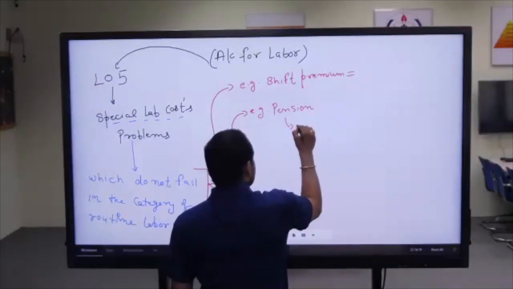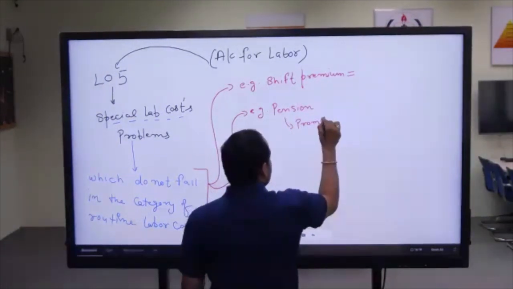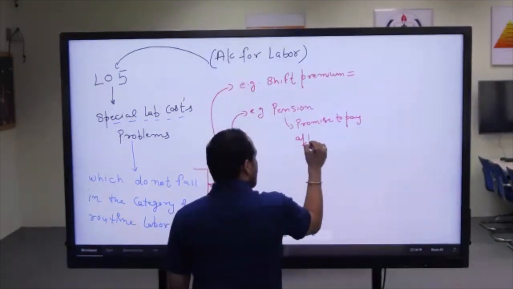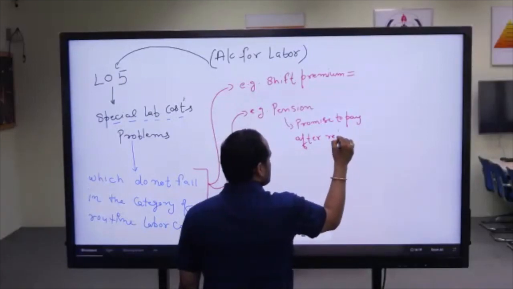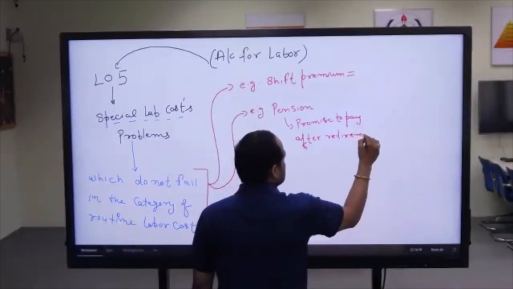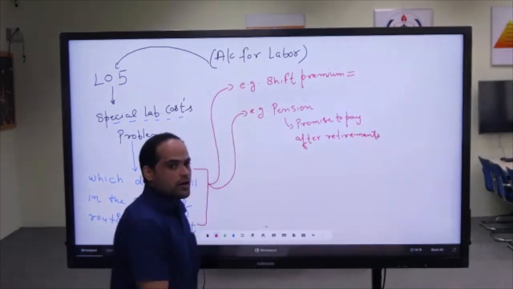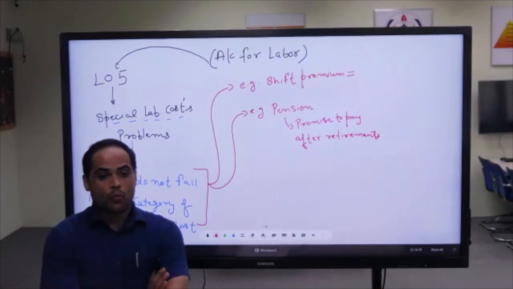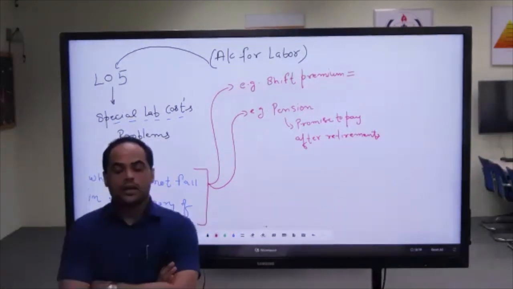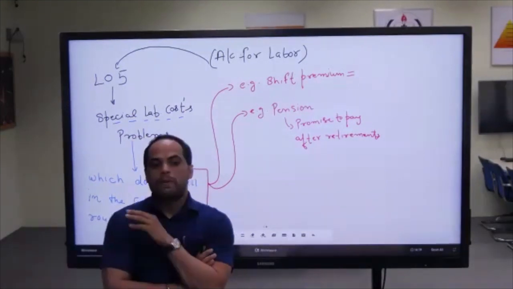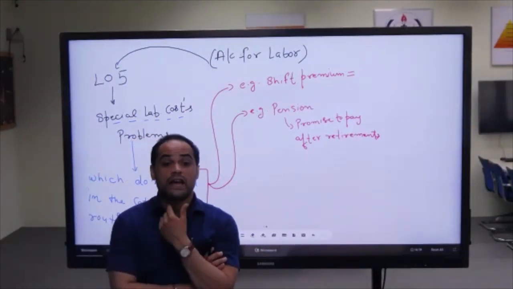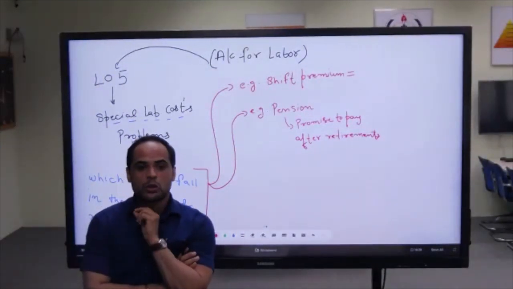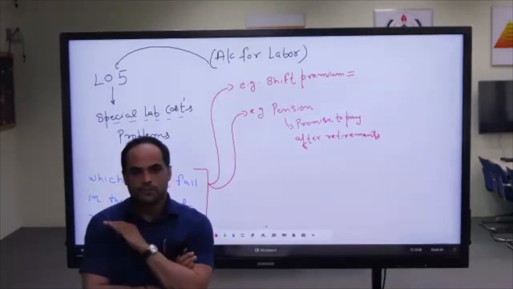The worker is retired, right? No longer working in a company, all right? So the company will pay money to that worker every month or every week, depending. So that kind of payment is called a pension, all right?